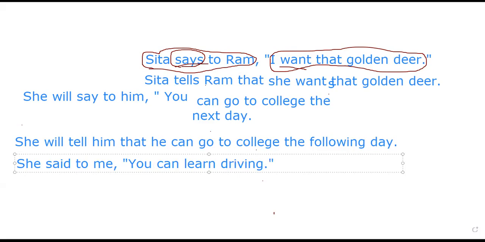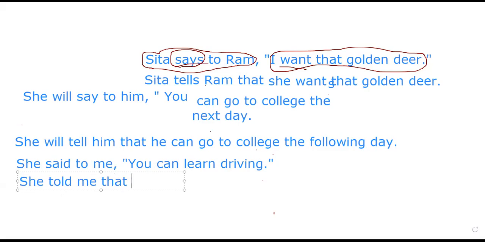Said to will change into told because it is in past tense. Said to is past tense. So she told me that, you is second person and will change according to object. Object is me. So you will become I, and can will change into could.